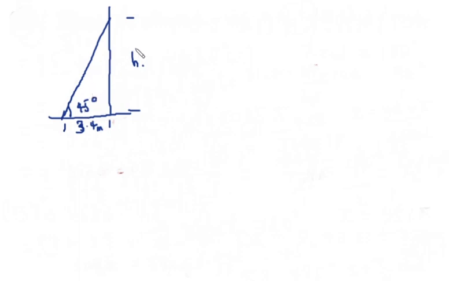If you're asked to find the height, you need to find the relationship between the height and the angle. The height is opposite our angle. This is a 90-degree angle, so this is a right angle triangle. This is the hypotenuse, the longest side, and this is the adjacent. So we are going to find the trig ratio that relates opposite and adjacent.